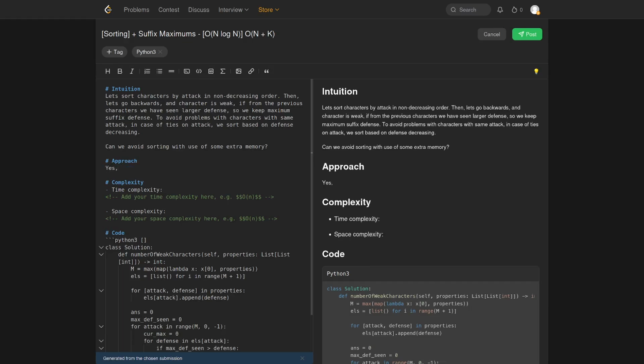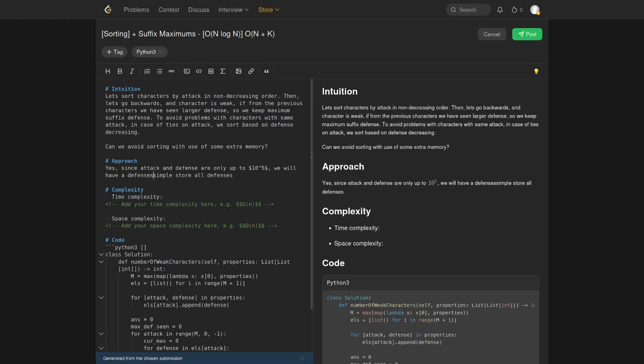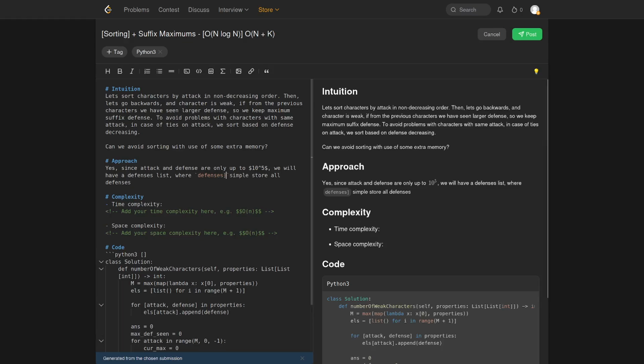Yes, since attack and defense are only up to 10 to the 5, we store all defenses, so we will have a defenses list where defenses[attack] is just a list of defenses with a given attack.